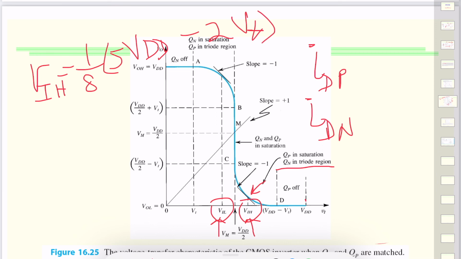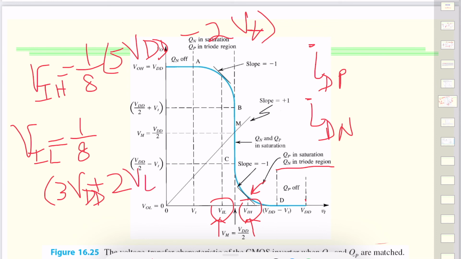So in a similar way, we can also find the boundary of the noise margin, which would be 1/8 times 3 VDD plus 2 times the threshold voltage.